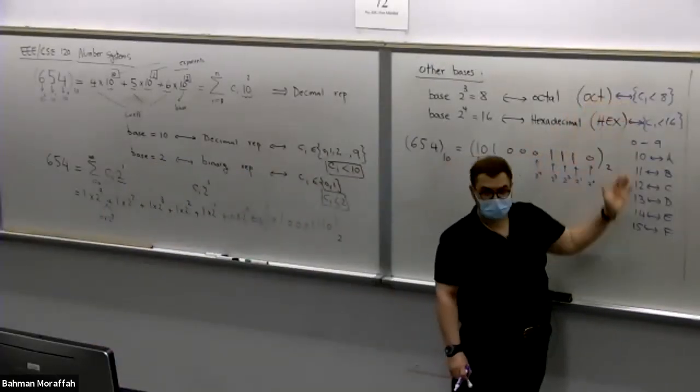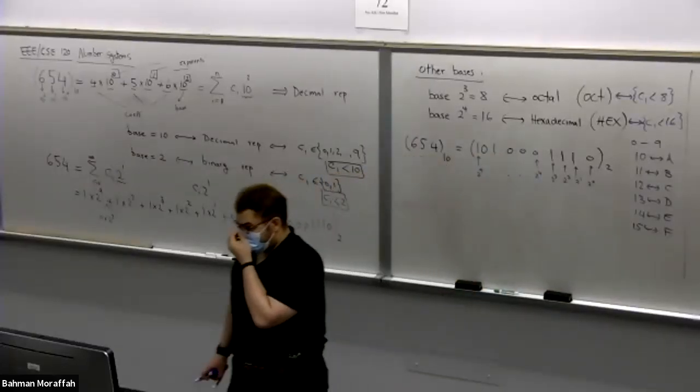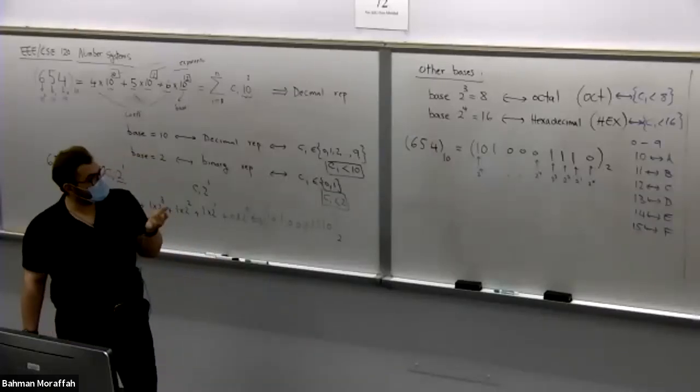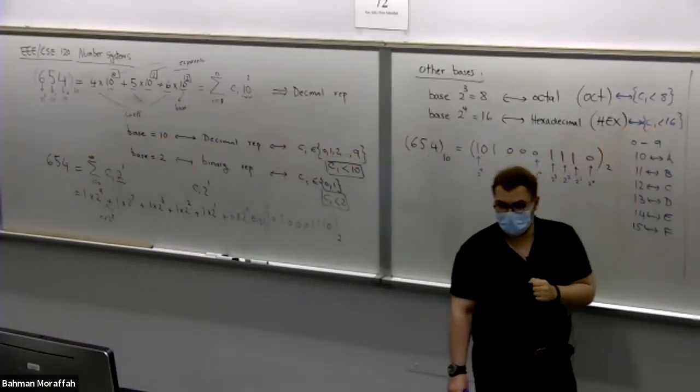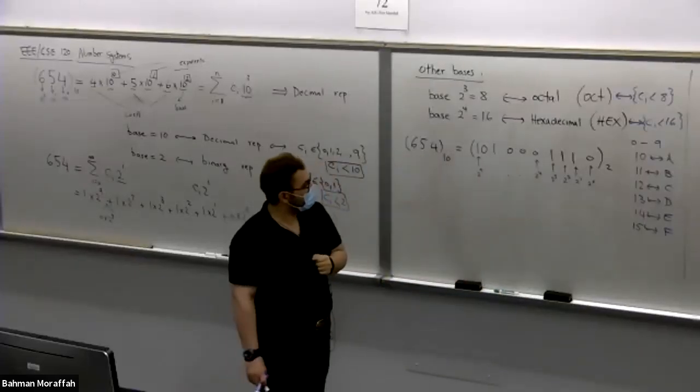So knowing if I have octal, the range for the coefficient must be less than 8. And if I have hexa, the range must be less than 16 for the coefficients.